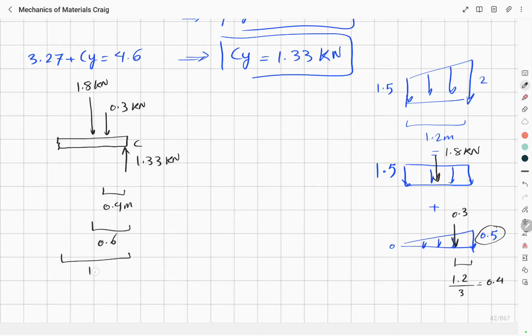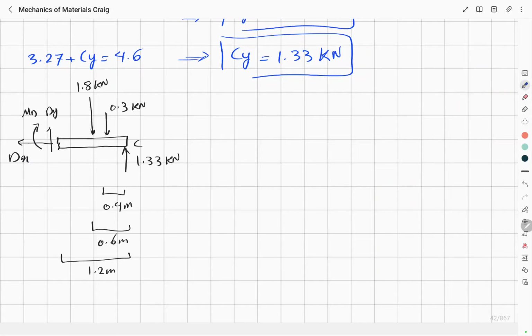This whole length is 1.2 meter. This is Dy, this is MD, and this is Dx. So for the x direction, the only force we have is Dx. So minus Dx plus 0 is equal to 0. So Dx is equal to 0.